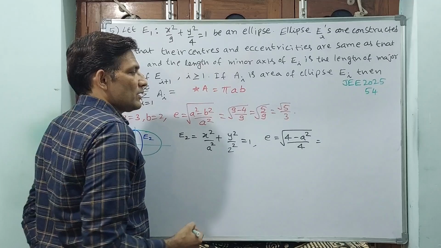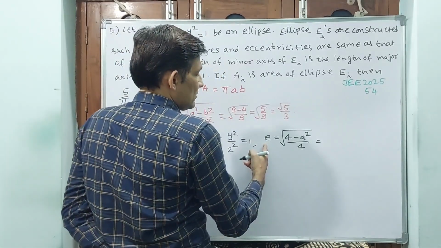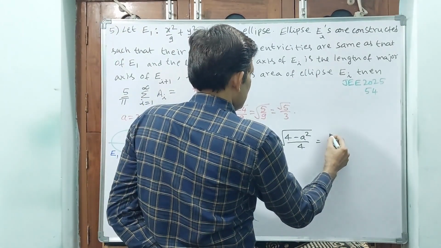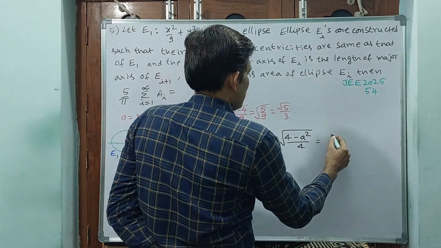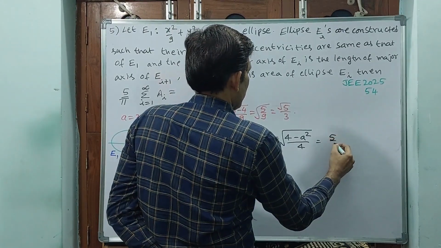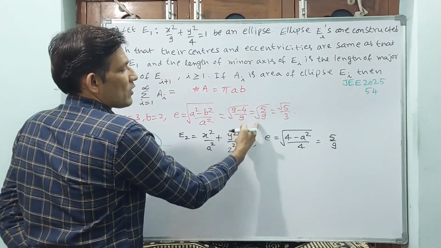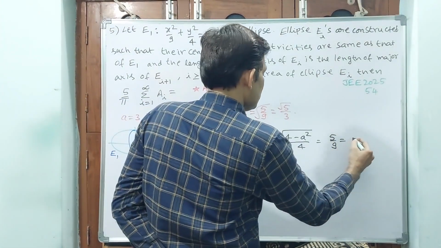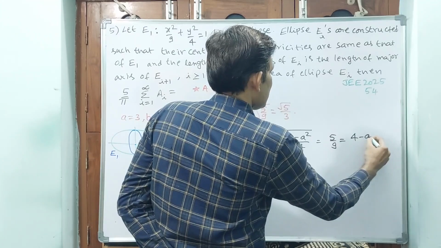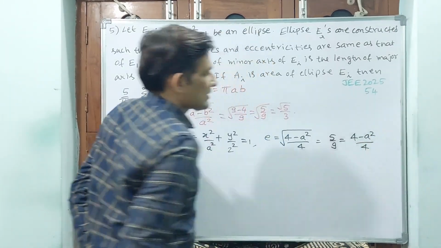If you square on both sides, automatically e square is equal to 5 by 9. So 5 by 9 is equal to 4 minus a square by 4. Do you accept this?